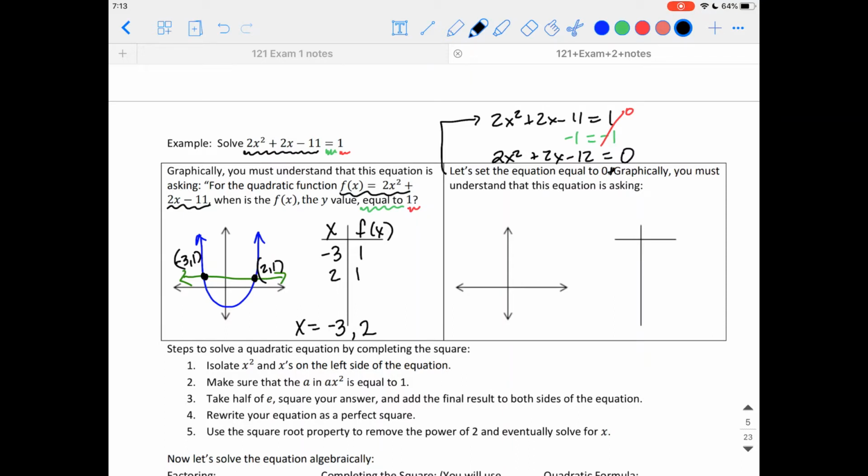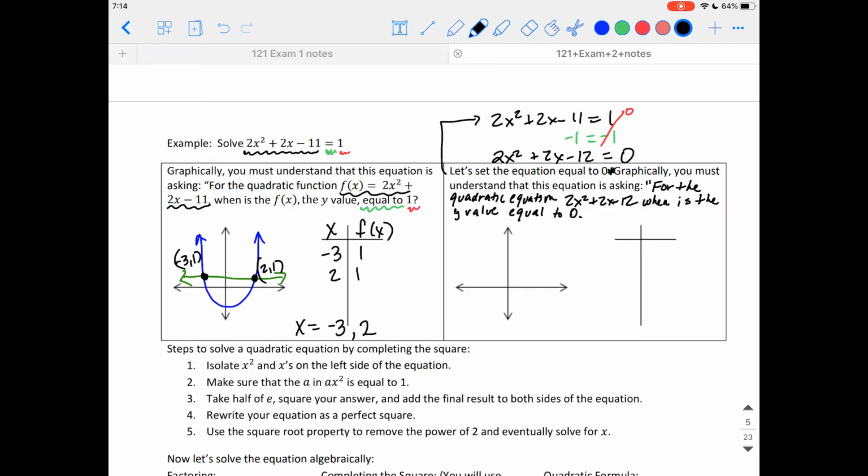Now, graphically, you must understand what this equation is asking. For the quadratic equation 2x squared plus 2x minus 12, when is the y value equal to 0?